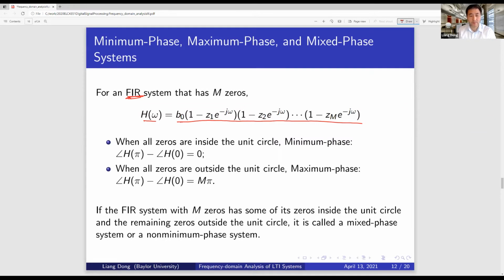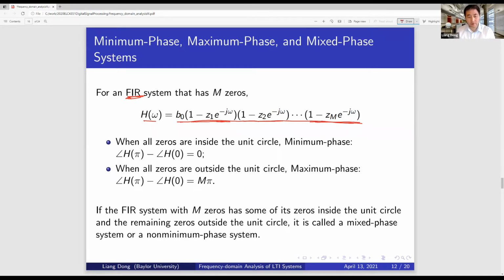So we have a constant, and this is the first zero. The expression is 1 subtract z1 times z to the power -1, which in frequency domain is e to the power -jω. And this is the expression for the second zero, and this is the expression for the nth zero.